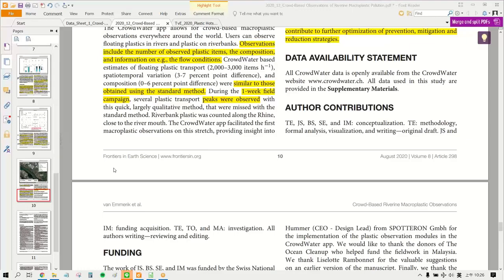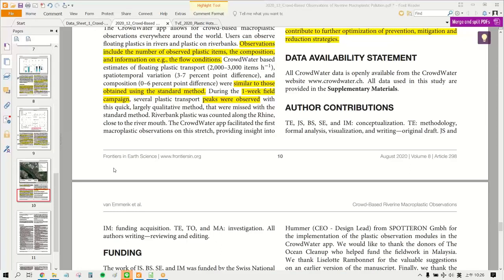I have two things I want to point out in some technical parts of this paper. First thing is missing data from the so-called standard method. The big difference between the two methods was from the missing data of the standard method.